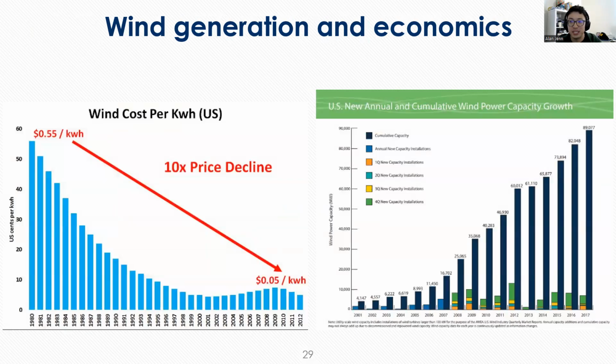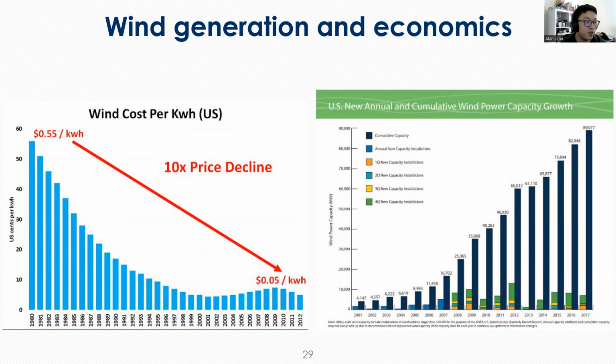Starting off with the economics of this. This is one of the classic cases of really big improvements over time, and a bet by government and public policy that, hey, we're going to provide support for this thing and the technology is going to come down in cost, and that's exactly what we saw.